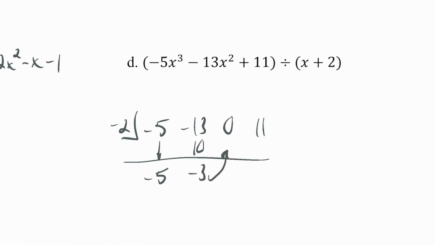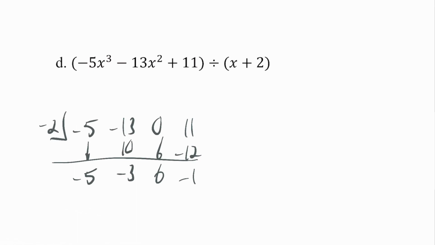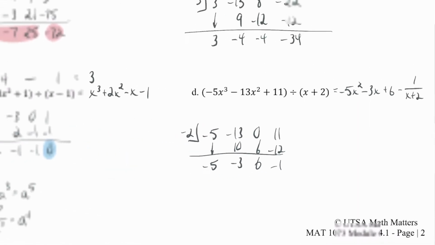Multiply up, so I get 6. Add down, I get 6. Multiply up, I get negative 12. Add down, get negative 1. So I get negative 5x squared minus 3x plus 6 minus 1 over x plus 2. There you go. That is synthetic division.